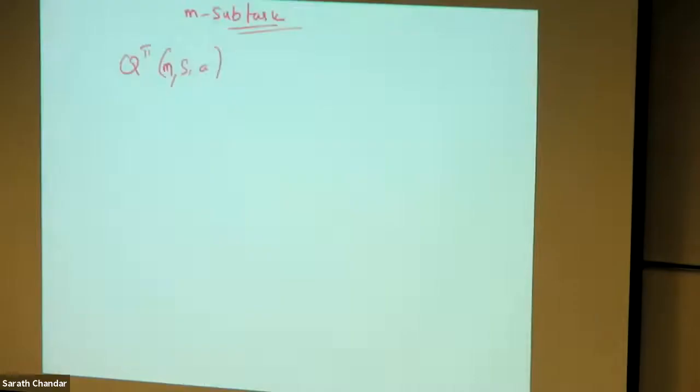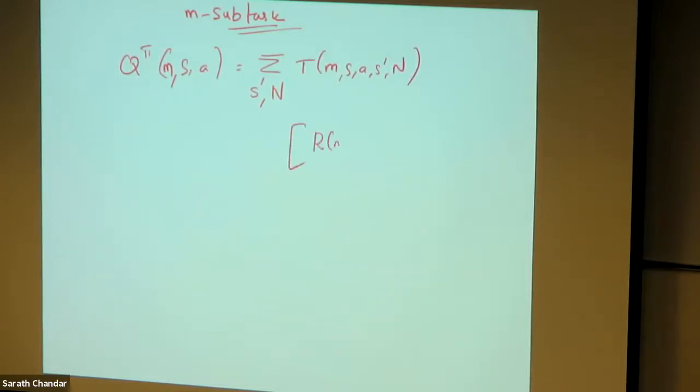So Q pi of M, S, A is given by a summation over all possible next states and the length N of the option, the length of the subtask: T of M, S, A, S dash, N, times the reward R of M, S, A, S dash, N, plus gamma to the power N, Q pi of M, S dash, pi of S dash.